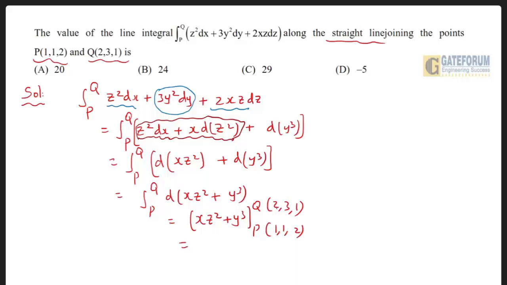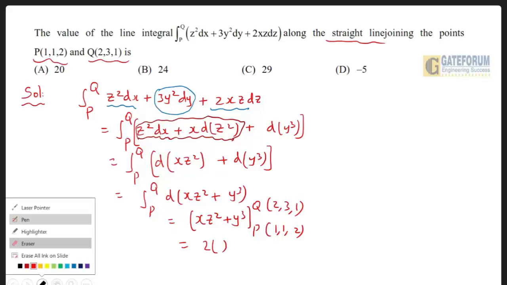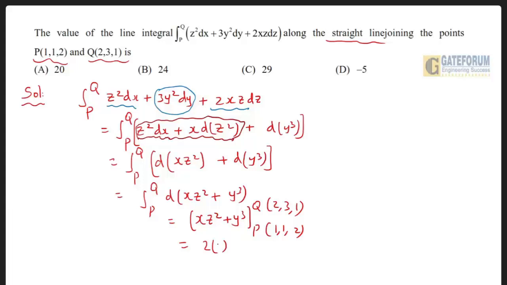Now put x is 2, y is 3, z is 1, that is the upper limit. So this is 2 times 1 square, which is 2, plus y cube, 3 cube is 27. So this is the upper limit simplification, 29.